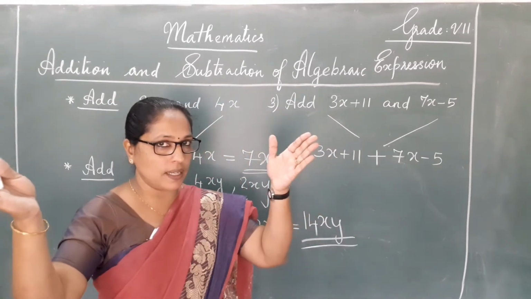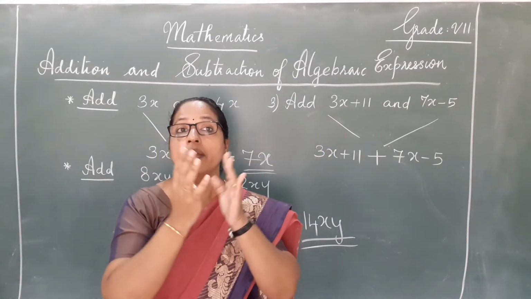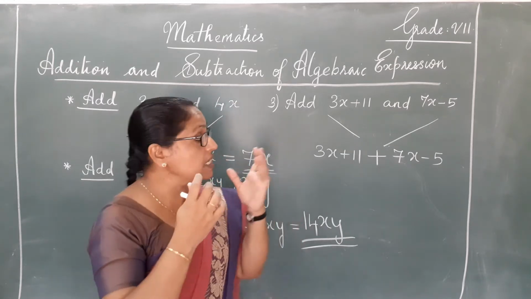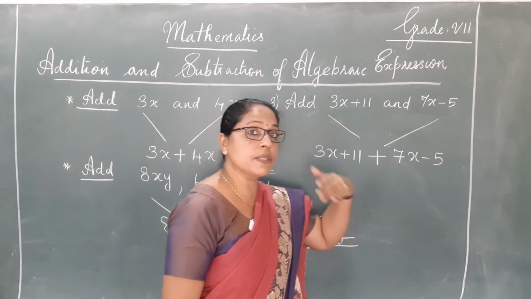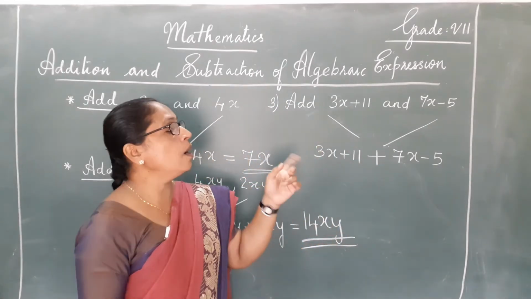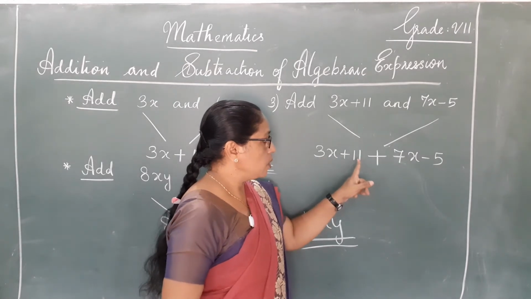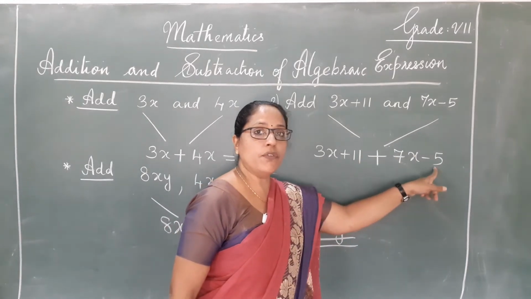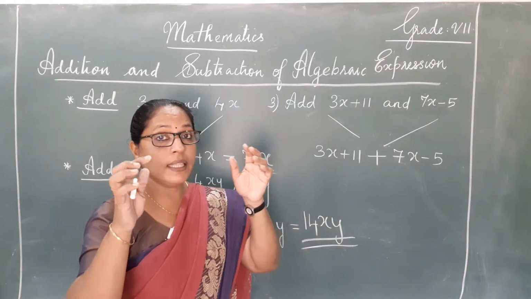Now the expressions are joined. The terms have increased. How many terms are there? Just count: 1, 2, 3, 4. Out of these 4 terms, collect the like terms.